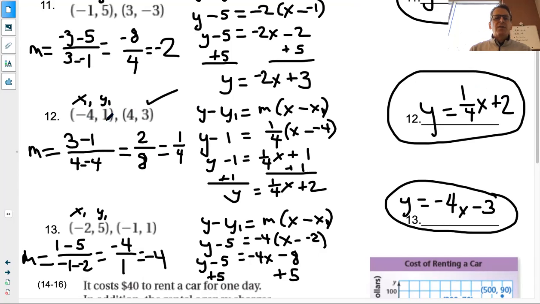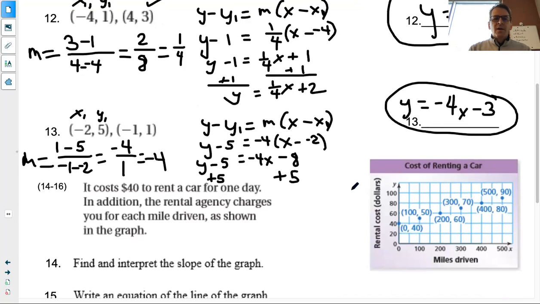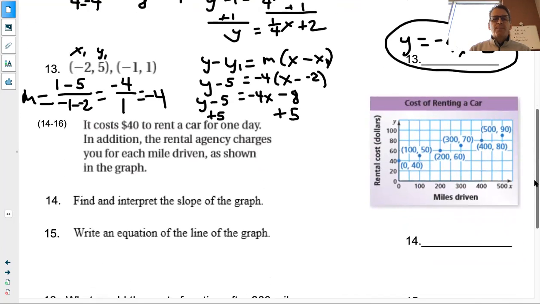You could also check the other one. -4 times 1/4 is -1, plus 2 would be +1. So to check your work, just simply take your points, plug them in, and see if you end up with the equation that is in your answer box. All right, just a little check help for you on that.